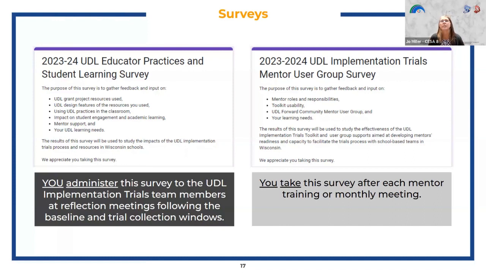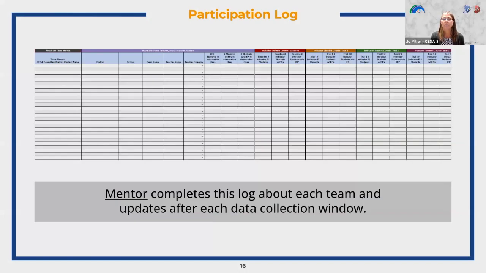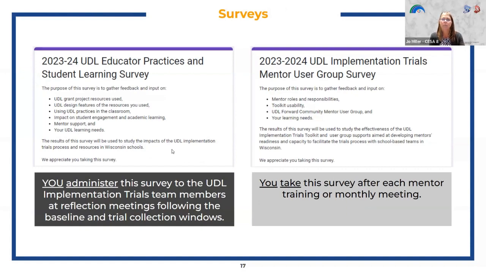And then you will also be taking a survey after each of our trainings and network meetings. That helps us see how we're serving you as well as the growth in your feeling about being a mentor. Any questions about the counts or the surveys that I can answer for anybody now?